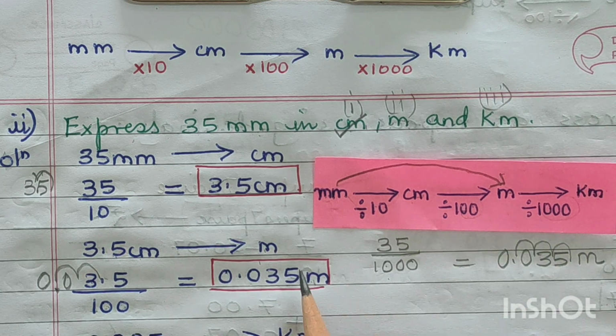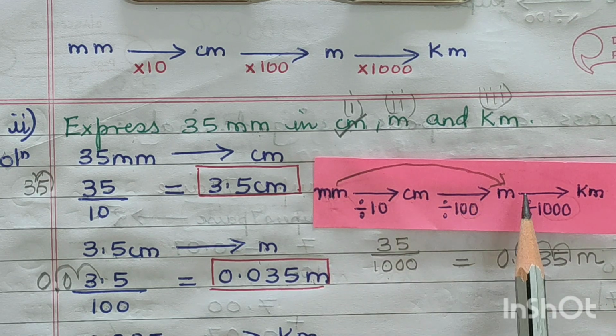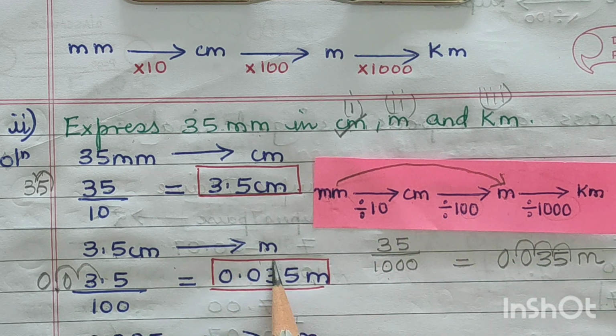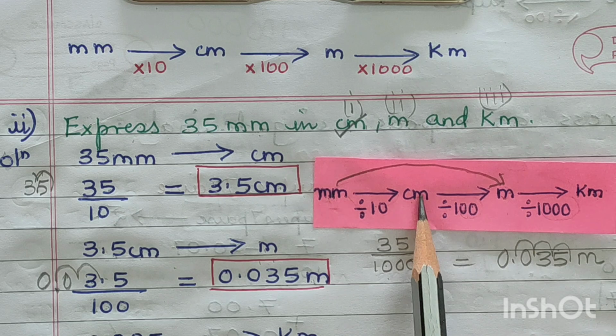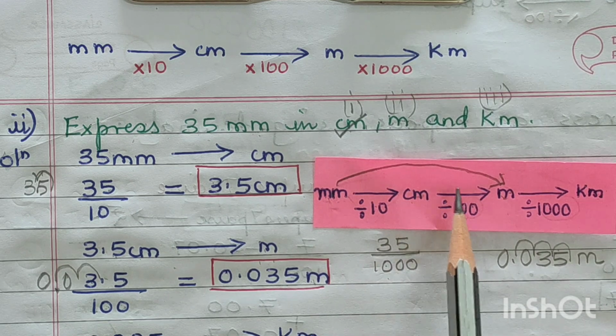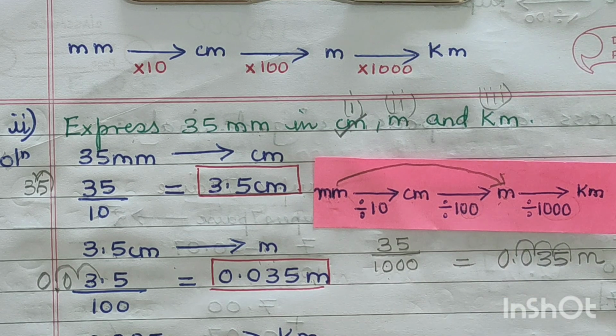Isn't the answer coming the same? So here we have moved from millimeters to meters directly. Another way to solve this is what we did first: one step converting this to this, and then this value into this value.